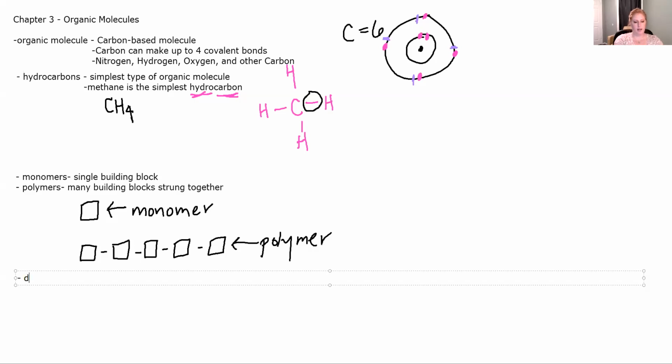Okay, so we have dehydration reaction, and these build polymers by joining monomers together. Okay, all right.